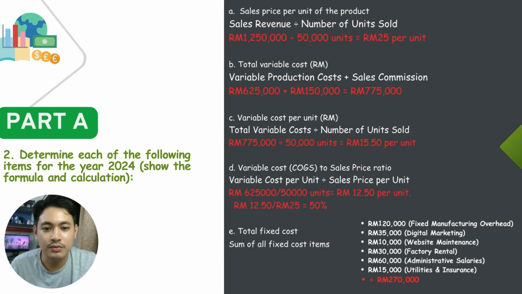The last one is total fixed cost. So to sum up all the fixed cost items: the first one is fixed manufacturing overheads 120,000 ringgit, the second one is digital marketing 35,000 ringgit, and website maintenance will be 10,000 ringgit, and the fourth one, factory rental, will be 30,000 ringgit, and the fifth one is administrative salaries will be 60,000 ringgit, and the last one is utilities and insurance will be 15,000 ringgit.